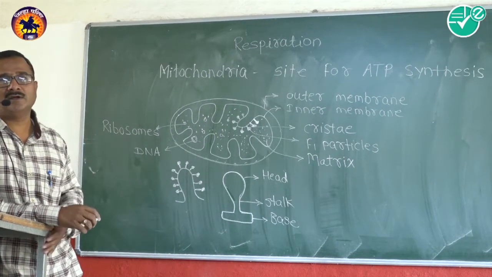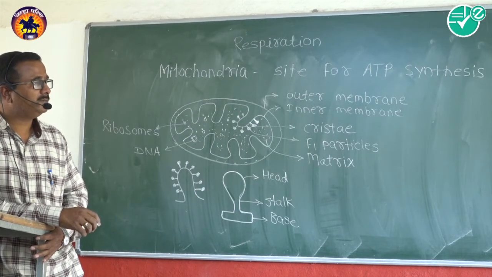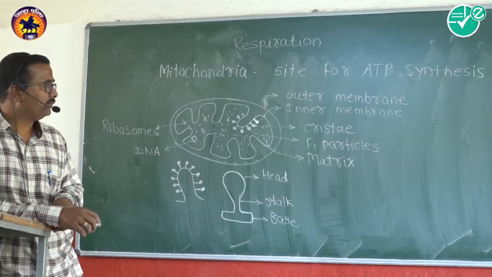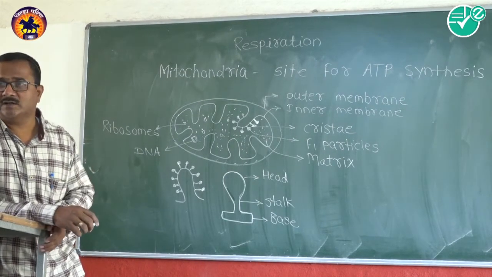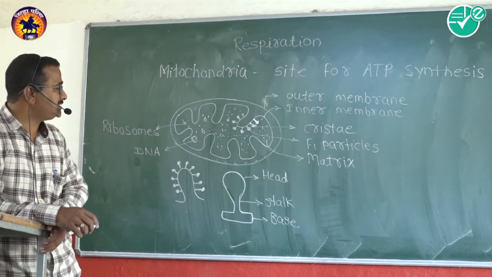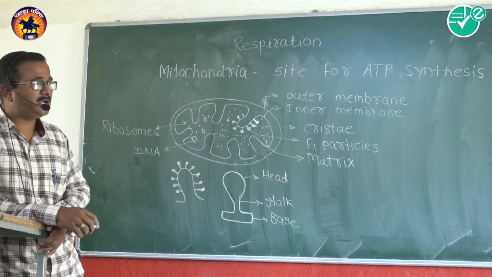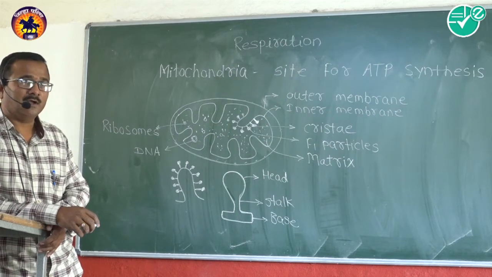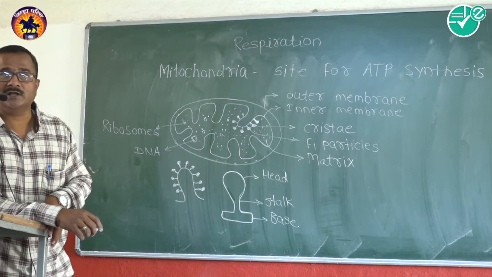Generally we learn the structure of mitochondria, but in the earlier class we didn't know which process occurs inside the mitochondria. There are two important processes. One process is the Krebs cycle and another important process, the electron transfer system, occurs inside the mitochondria. One process occurs in the matrix and another process occurs on the elementary particles.